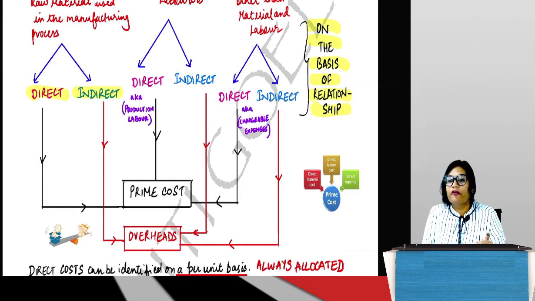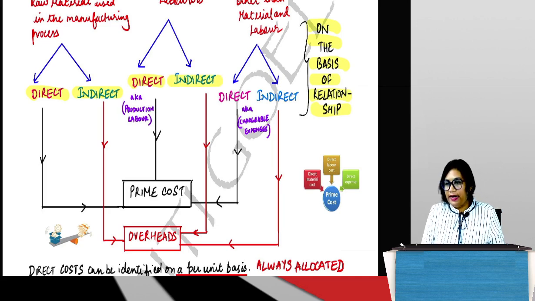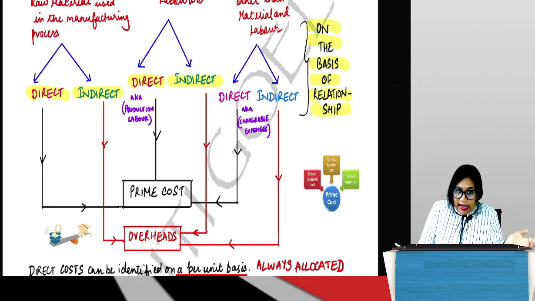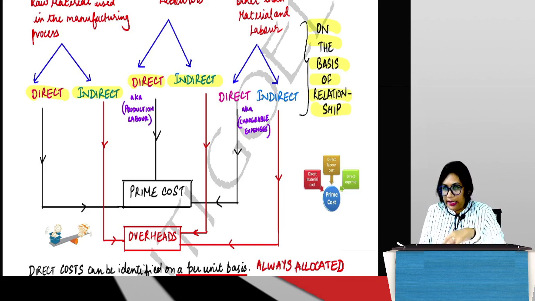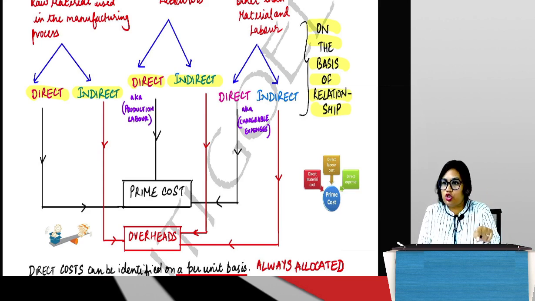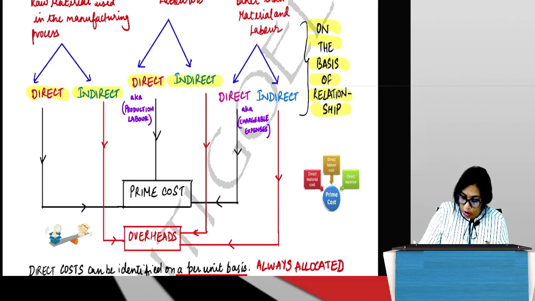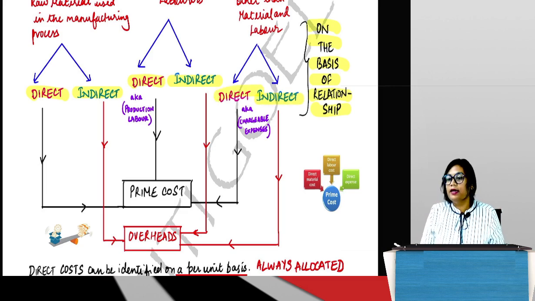Labor can be classified into direct labor and indirect labor. Expenses means other than material and labor, because material will come under material, labor under labor. Other than these two, other expenses will come under expenses. Again, expenses I am further classifying into direct and indirect.